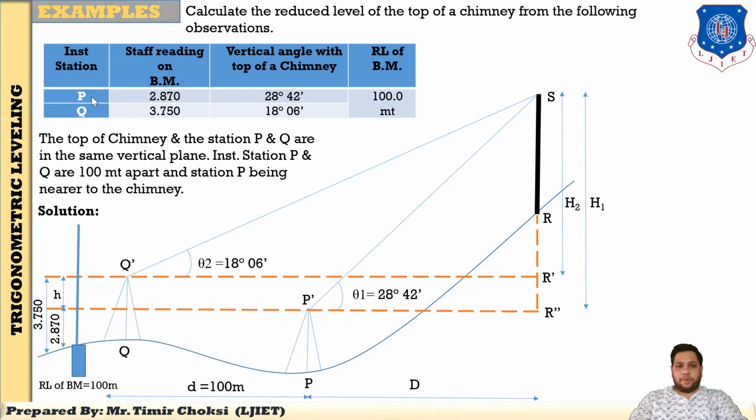Because the instrument station P is near to the object, and its staff reading is lower than at station Q. So you have considered that P is near and its level is on the lower side. 2.870 is the smaller value compared to station Q. So this example is based on case number A. Why lower? Because its reading is lower compared to the Q side.